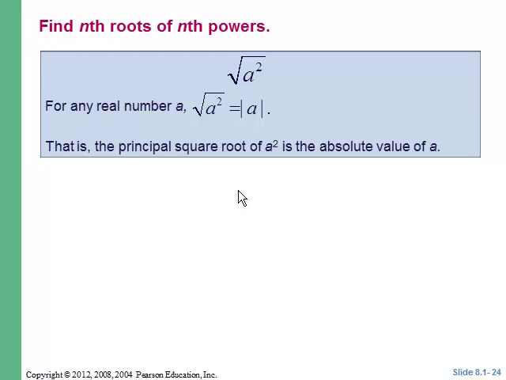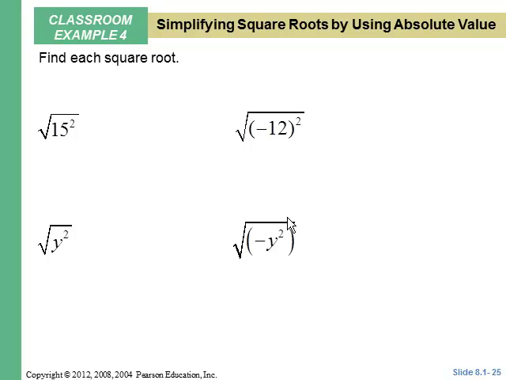Okay, so with real numbers, the square root of a squared is always going to be positive a. So the square root of 15 squared is 15. The square root of y squared is y. The square root of negative 12 squared is negative 12. The square root of negative y squared is negative y.